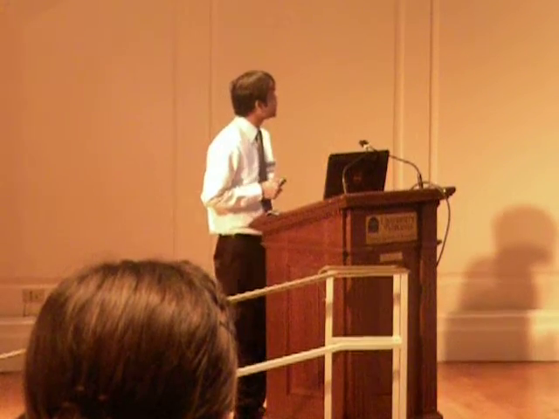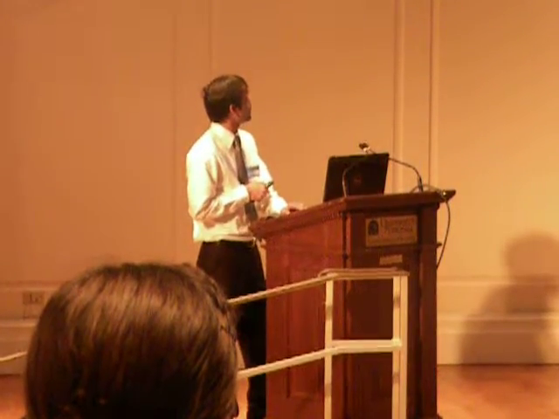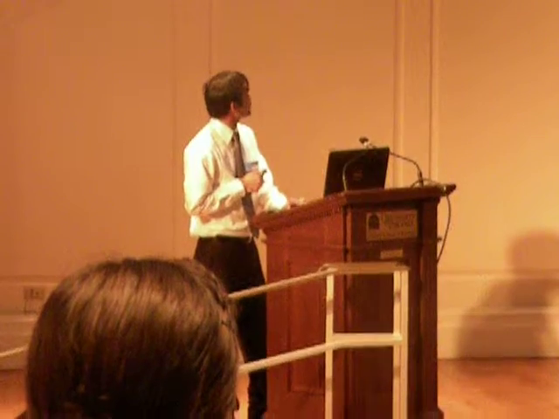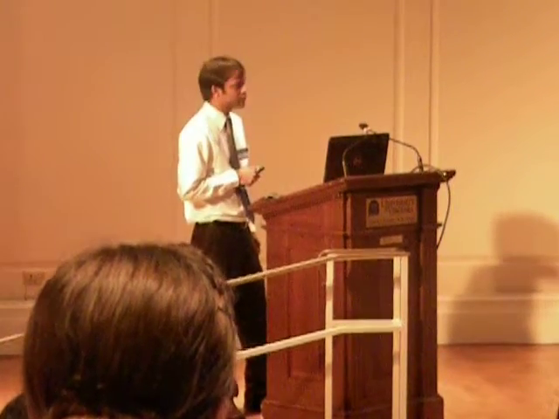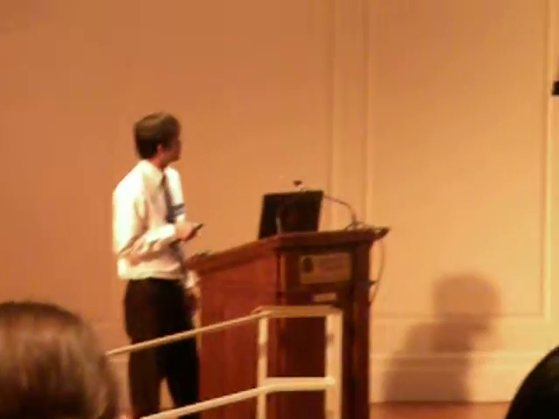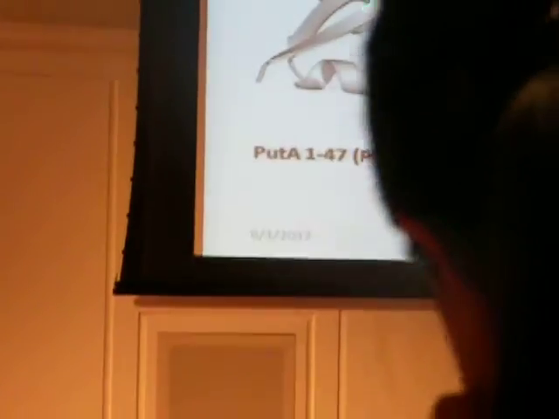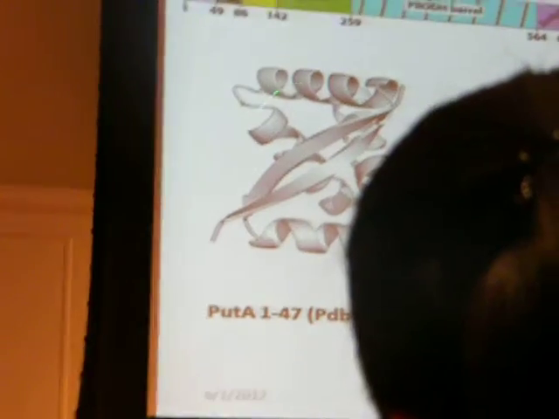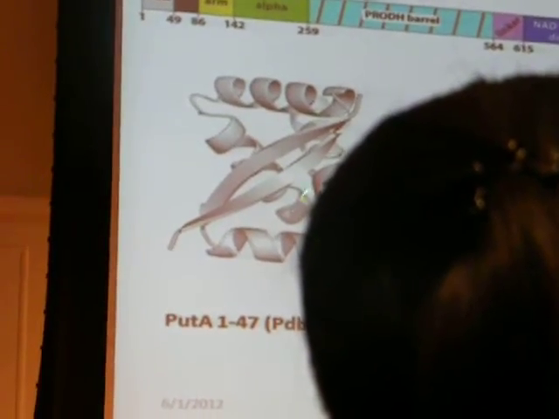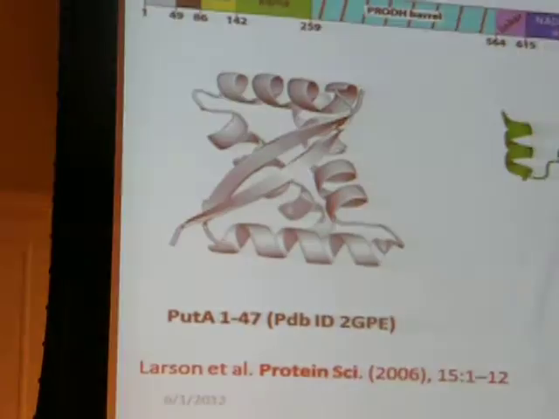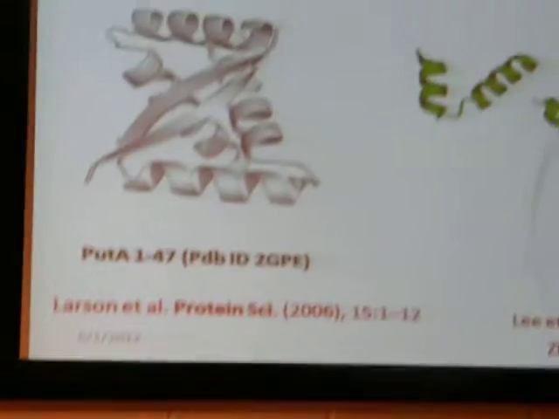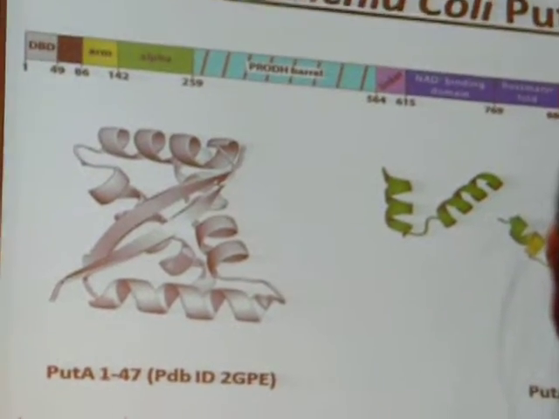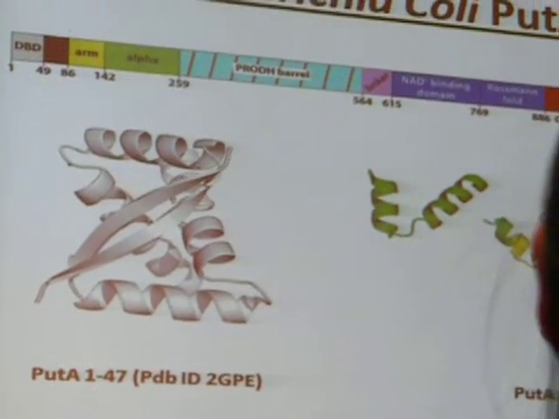the overall trifunctional protein is the crystal structure of the isolated DNA binding domain, which comes into the ribbon-helix-helix family. The crystal structure shows that it is a ribbon-helix-helix dimer, and we also have the structure of the proline dehydrogenase domain, which shows an alpha-beta barrel, which is also common in the bifunctional protein.